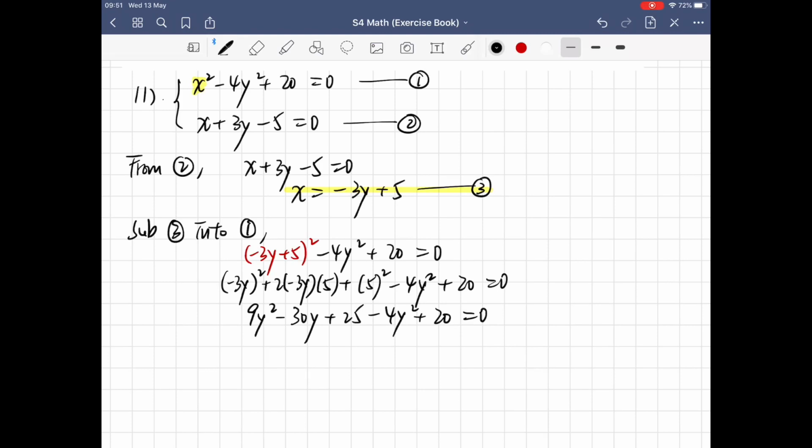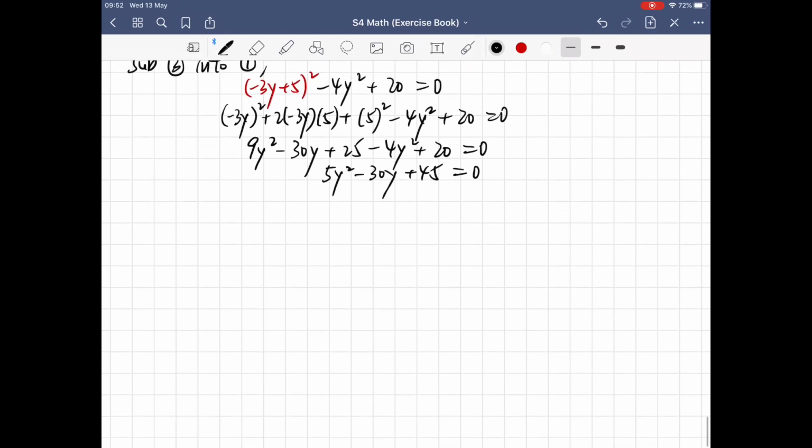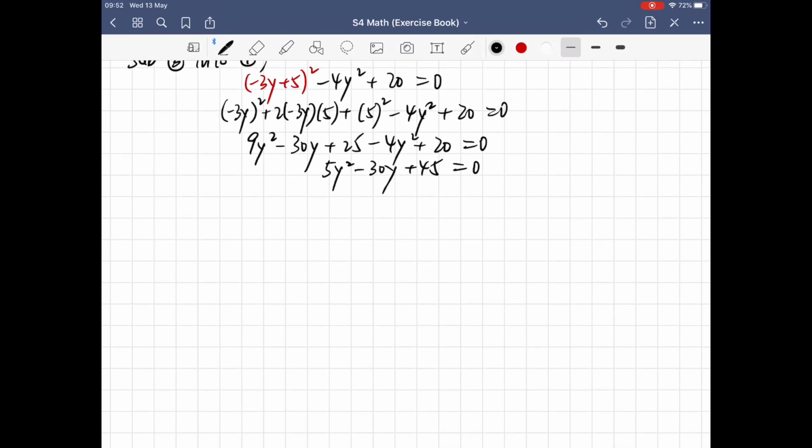After the expansion, we can do the simplification by grouping the like terms, so that we have 5y squared minus 30y plus 45 equals 0. Then we further simplify it by dividing both sides by 5.